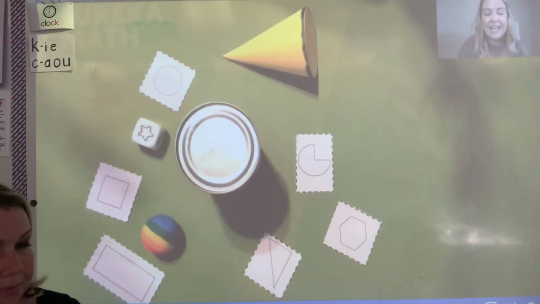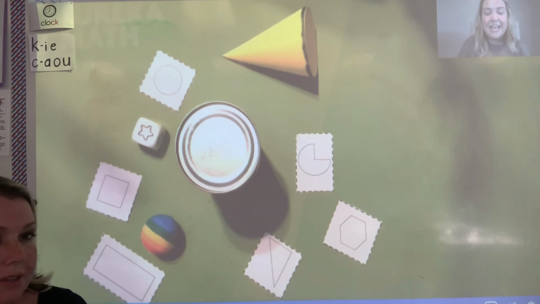Are your shapes ready to go? Great! What's your question? Do we need those cut out? No. Do not cut them out.